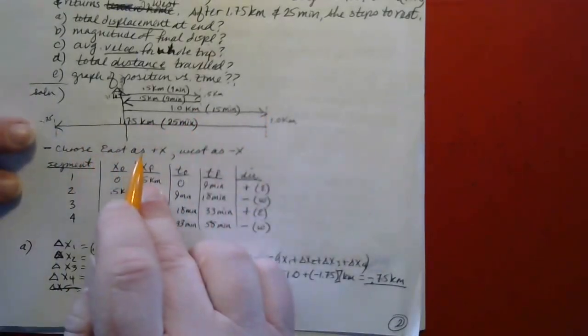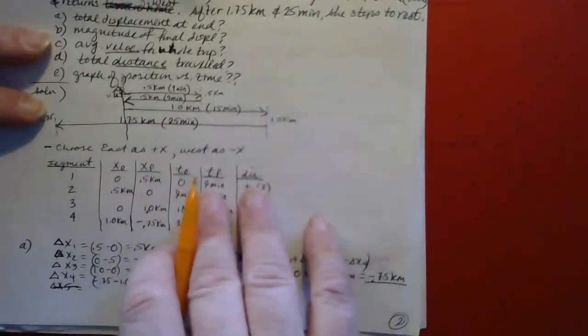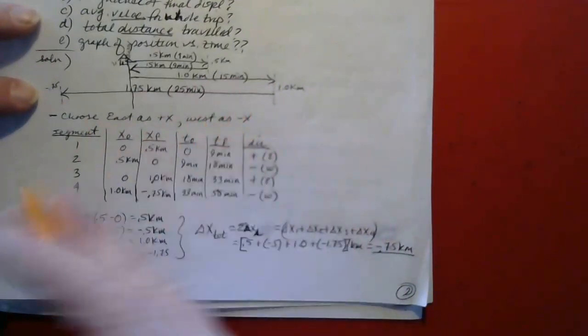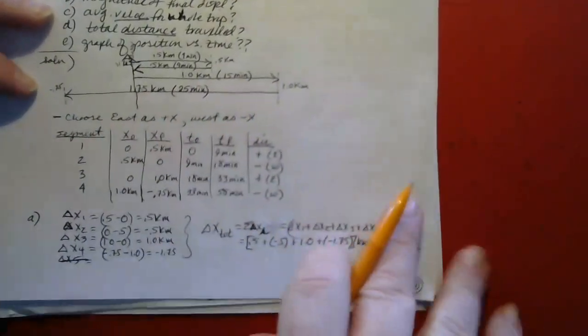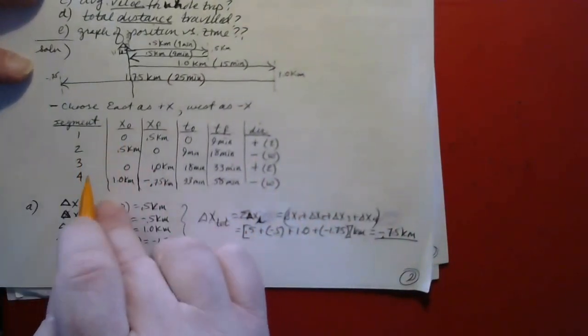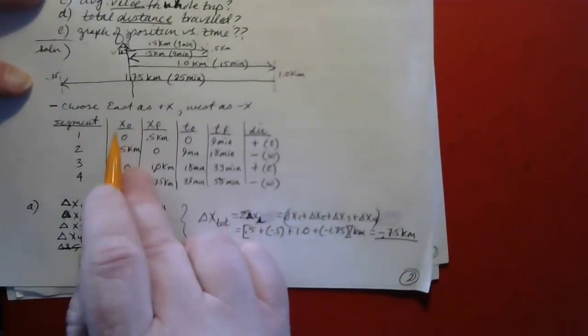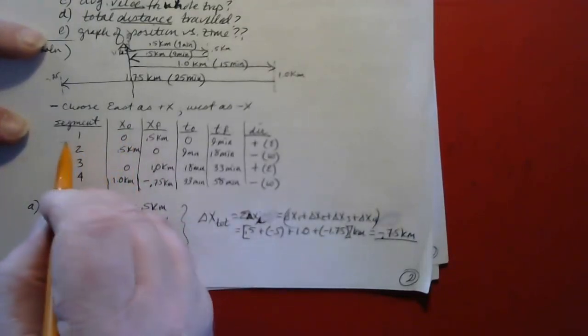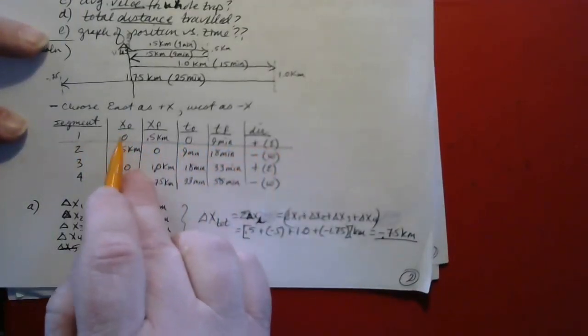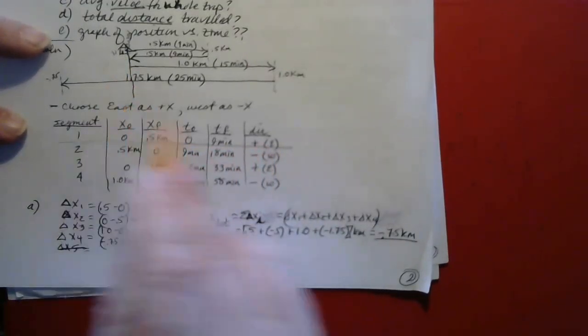So we're going to choose east as the positive x direction and west as the negative x direction, which is the conventional way of doing things. And we can divide up the journey into the 4 segments. For segment 1, her original x position was at 0. We're going to call her home 0.